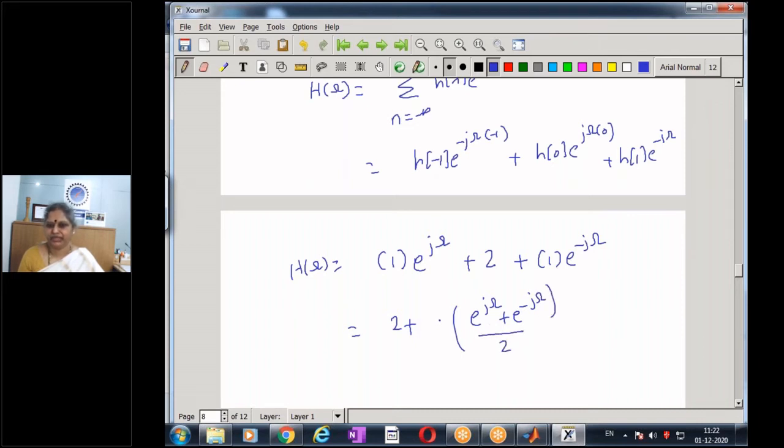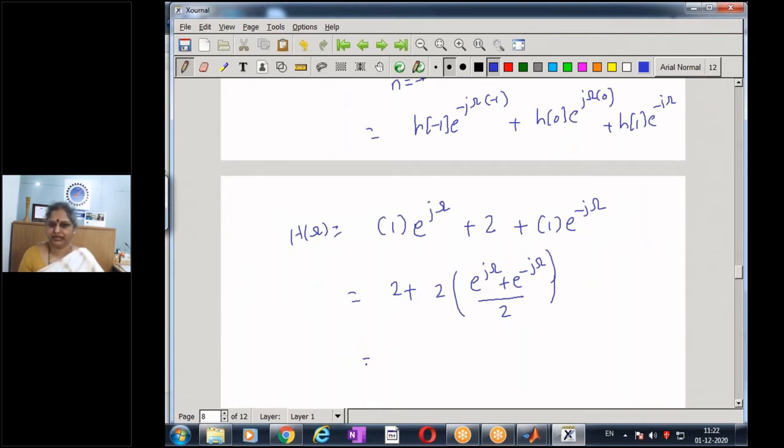Say I multiply and divide by 2, so that I can represent the term within the bracket as cos omega. So I have my result as 2 plus cos omega.